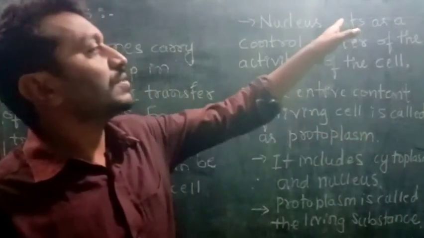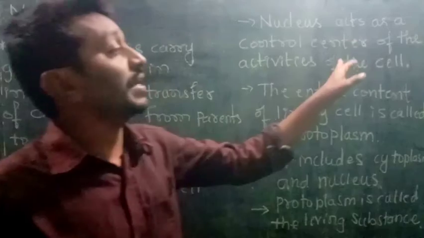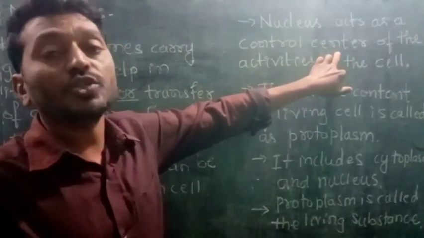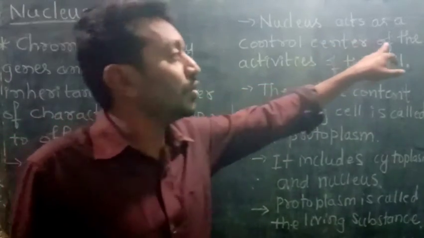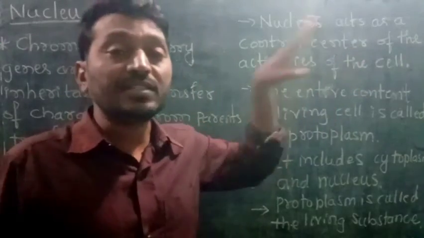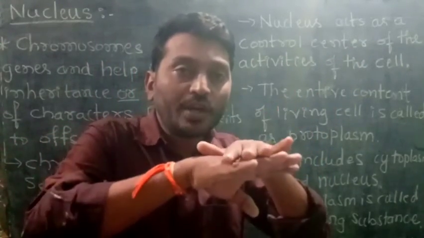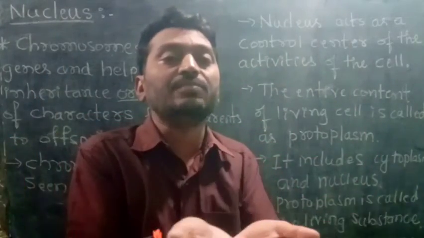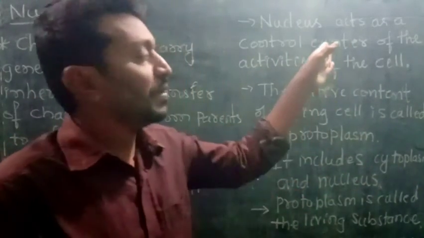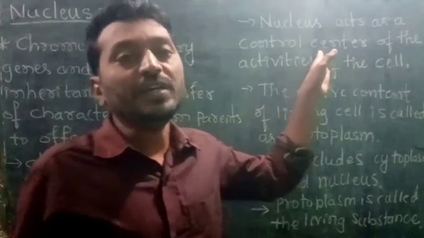The nucleus also acts as the control center of the cell, meaning it controls and coordinates all the activities of the cell. That is why it plays a major role in the cell.